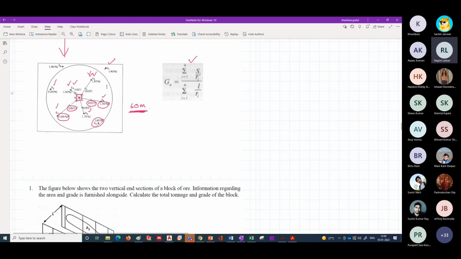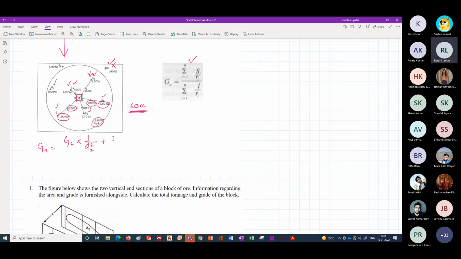So the average grade G for this block will be G average equal to G2 into 1 by D2 square. G1 is not within this limit, right? So that's why we neglected it.